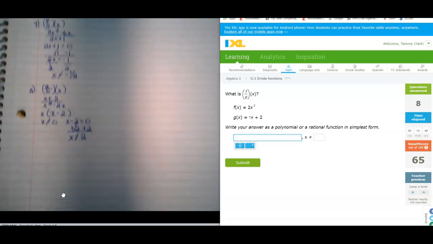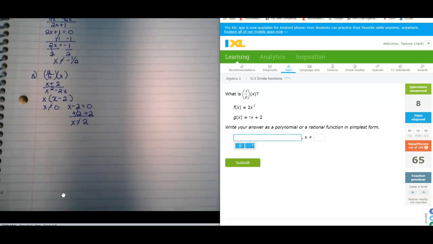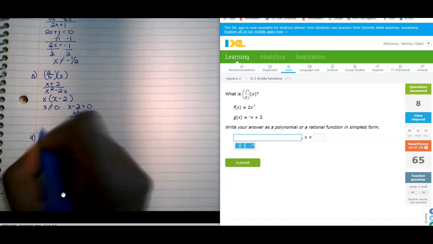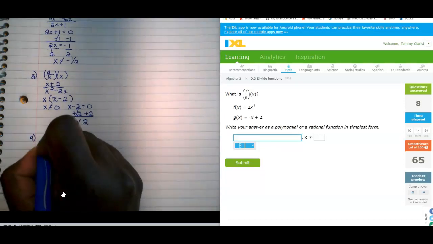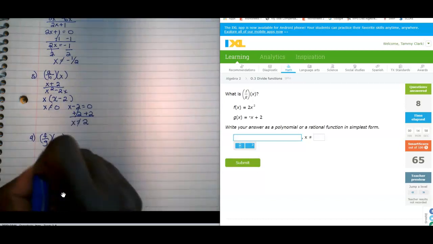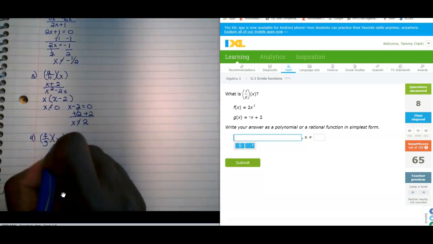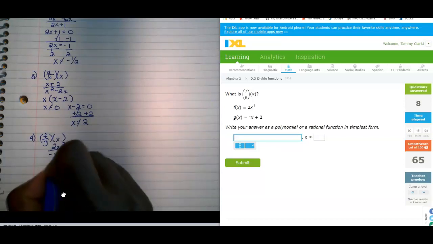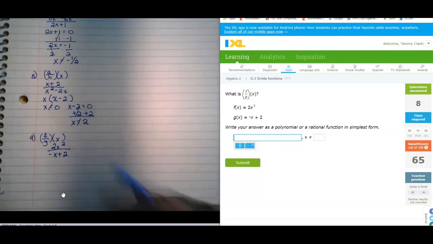Number 9. Move that up a little bit. We've got, again, f of x divided by g of x. And we have 2x squared divided by negative x plus 2. Now, same thing.